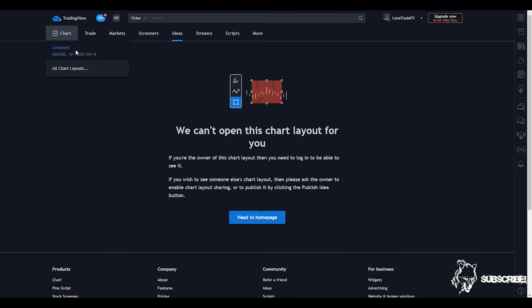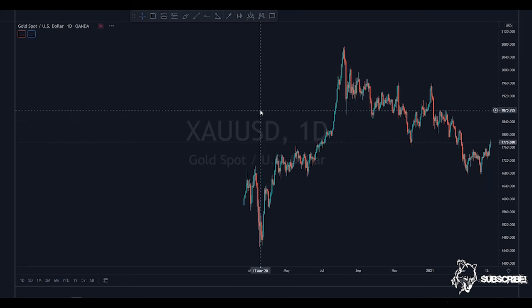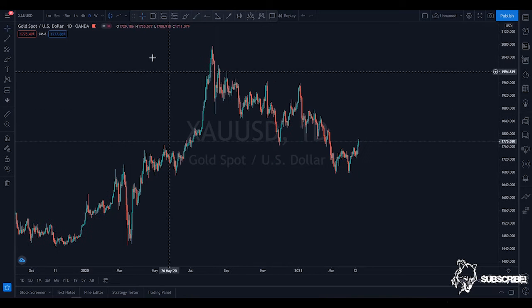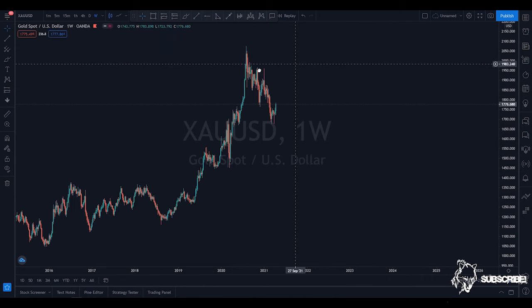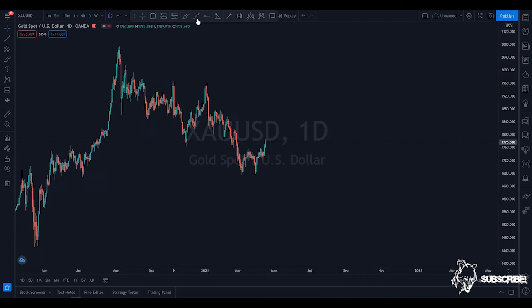So in this week's analysis, we're gonna start off with XAUUSD. So as we all know, from the past week we've been seeing that XAUUSD has been trying to go into the upside. So we see here that we've had our correction here, or you can call it a downtrend.